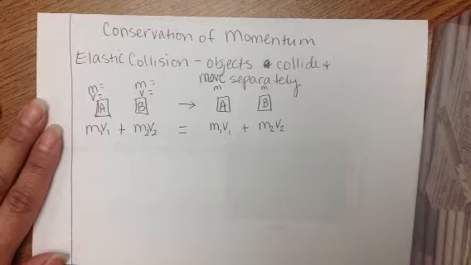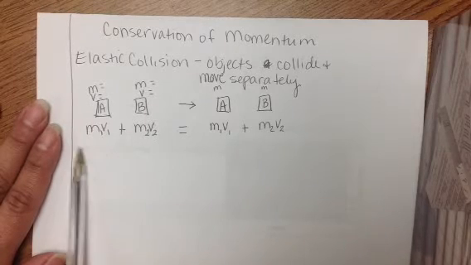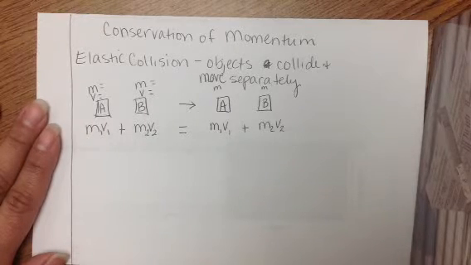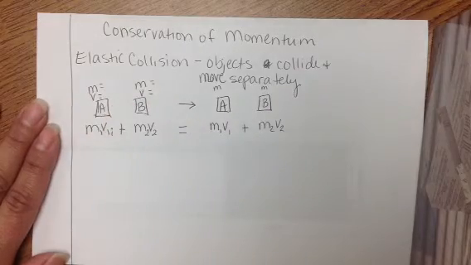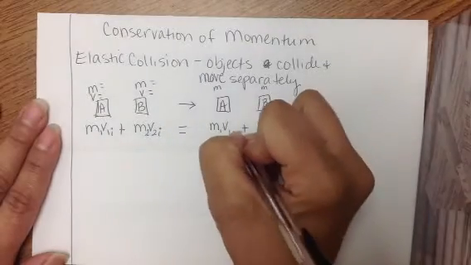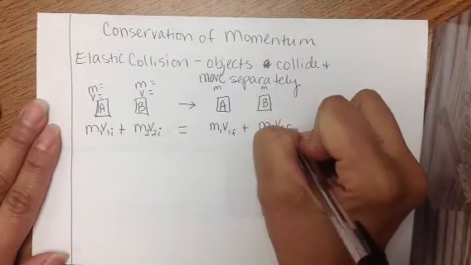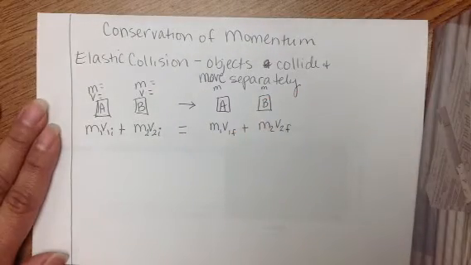Now, it's important that you understand that the values that you plug in here have to be specific to that object prior to the collision. So technically, we should put a little I for initial with each of these, and we should put an F for final on this side to indicate that it's after the collision has taken place.